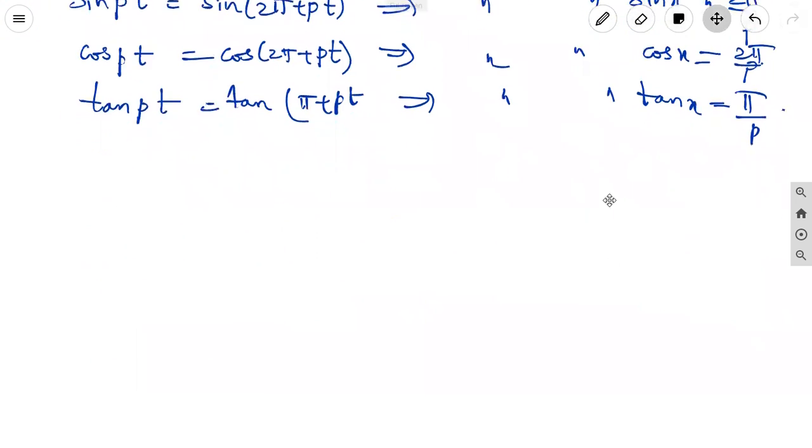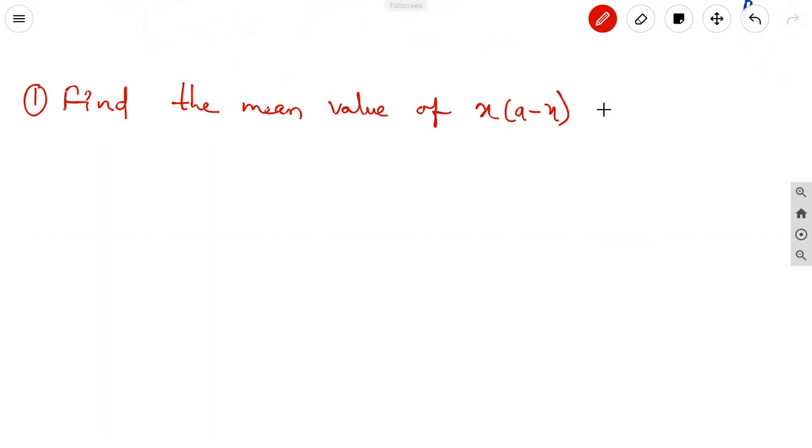Next, we can take the problems to find the mean value of the given functions. The first one: find the mean value of x into a minus x over the range 0 is less than or equal to x is less than or equal to a.